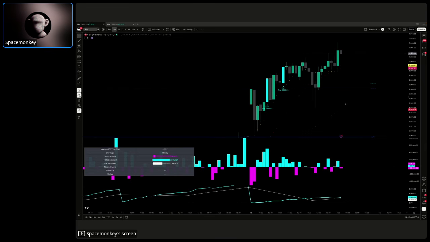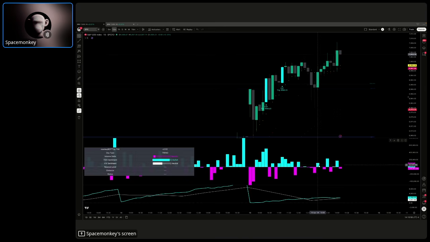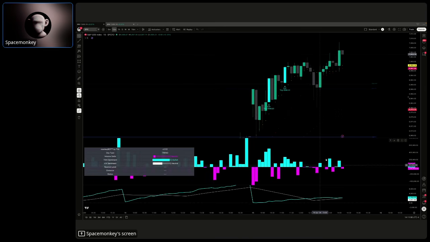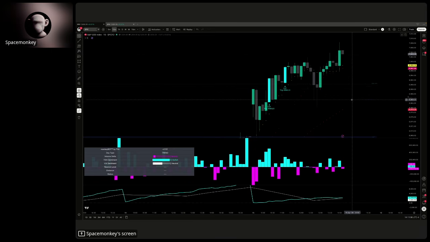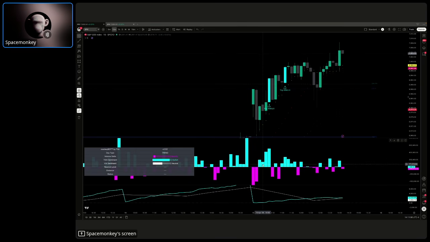Okay? So the way I use it is if I see a red candle push lower, but the delta is zero or even above zero in the positive area, that could just tell me that it might be a dip buy.